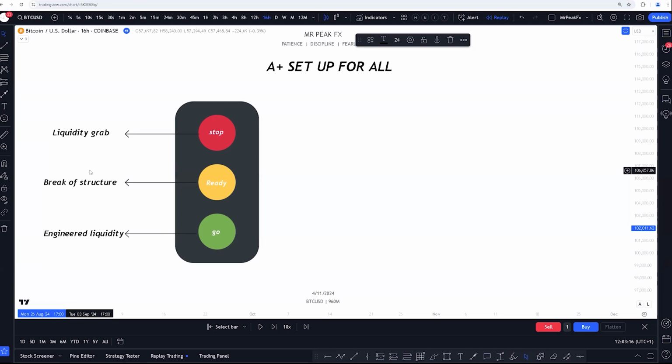Engineered liquidity, or I can call it inducement.